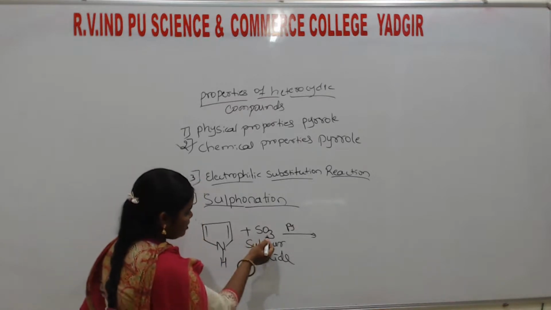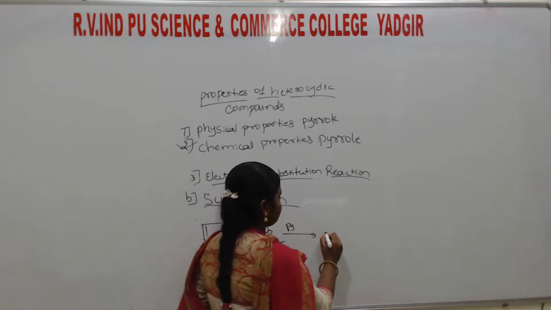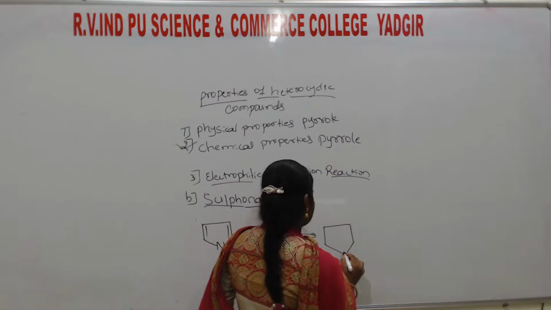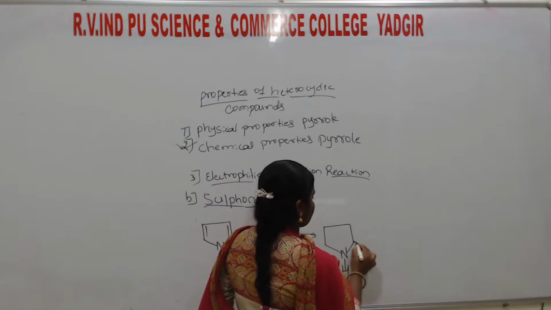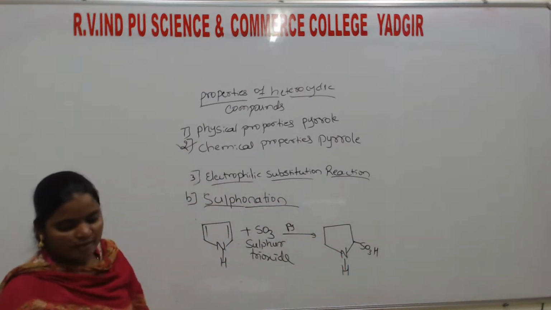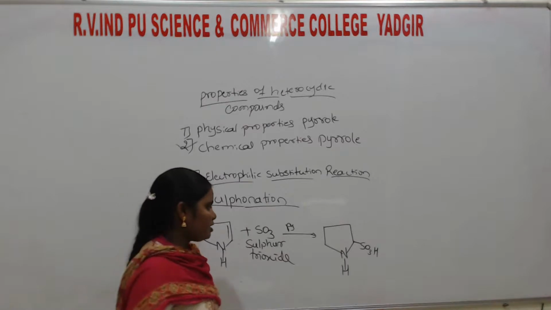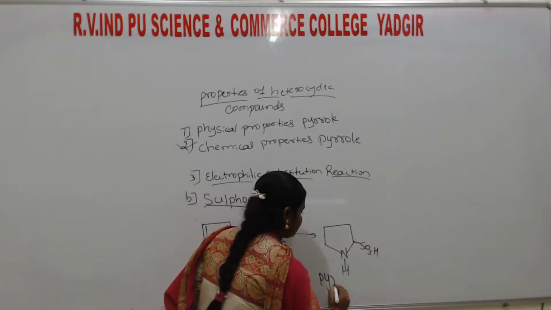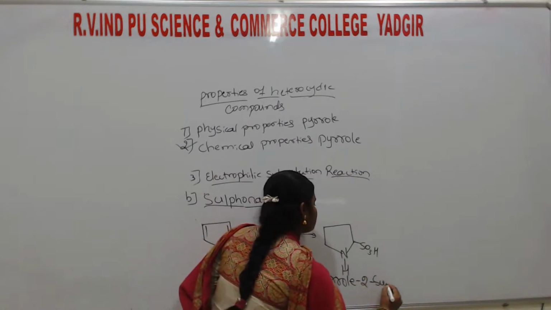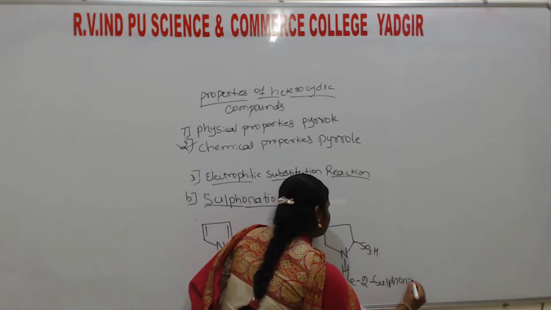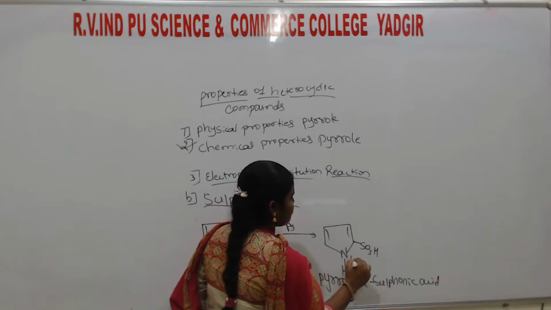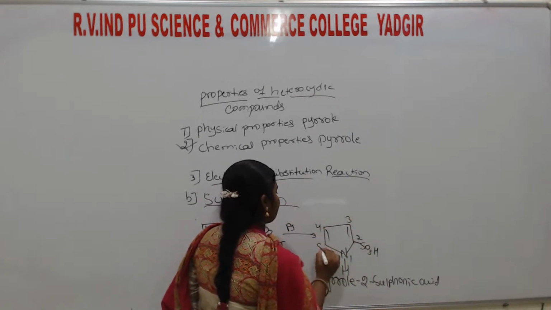Here the attack of SO3H gives NH with SO3H. This is pyrrole-2-sulfonic acid. Numbering is 1, 2, 3, 4, 5.